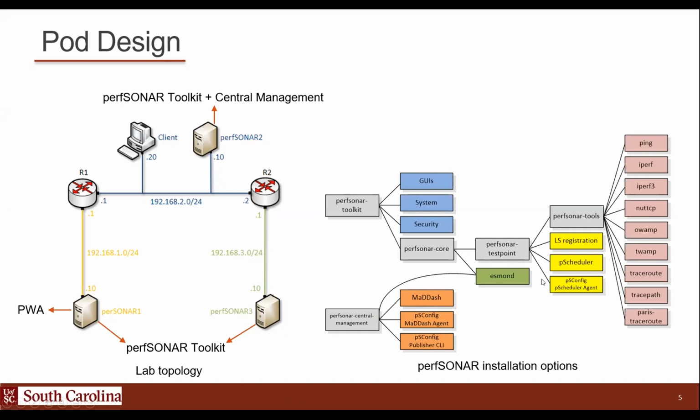And on the right-hand side, you can see that with this pod, we practically cover all the components of perfSONAR using the toolkit and the central management. And we also explain in lab 2 how to use these individual tools.